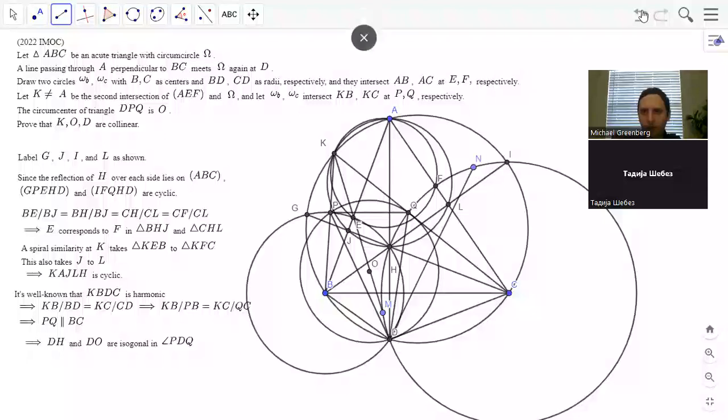It almost looks like it passes through E, but I don't think that's true, because then by symmetry it should pass through F. Yeah, I got confused.